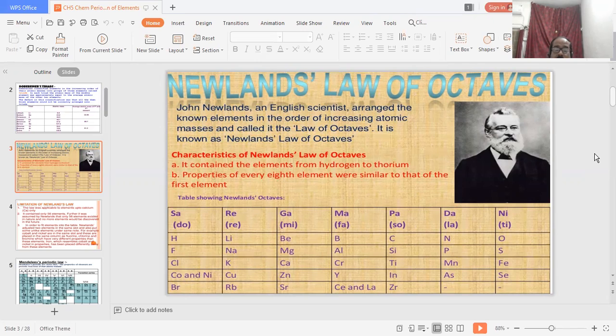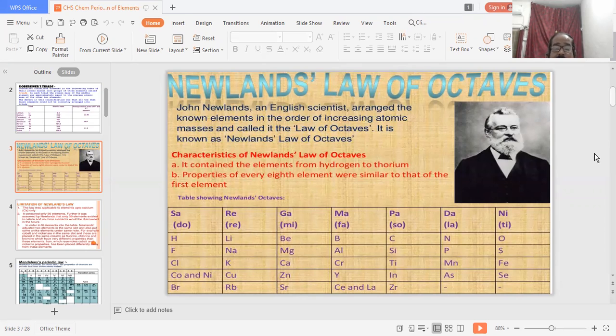In ma: boron, aluminium, chromium, yttrium, and lanthanum. In pa: carbon, silicon, titanium, indium, and germanium. In dha: nitrogen, phosphorus, manganese, and arsenic. And in ni: oxygen, sulfur, iron, and selenium. So according to Newlands, all the elements in every row have similar properties.